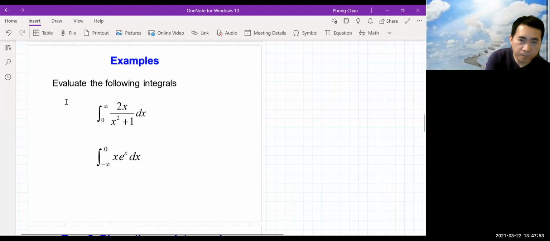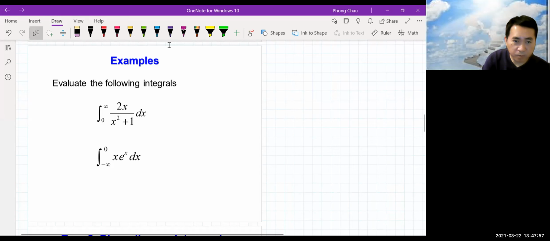Now, again, example 1 here. Let me label it so we can easily reference it. Here's example 1.